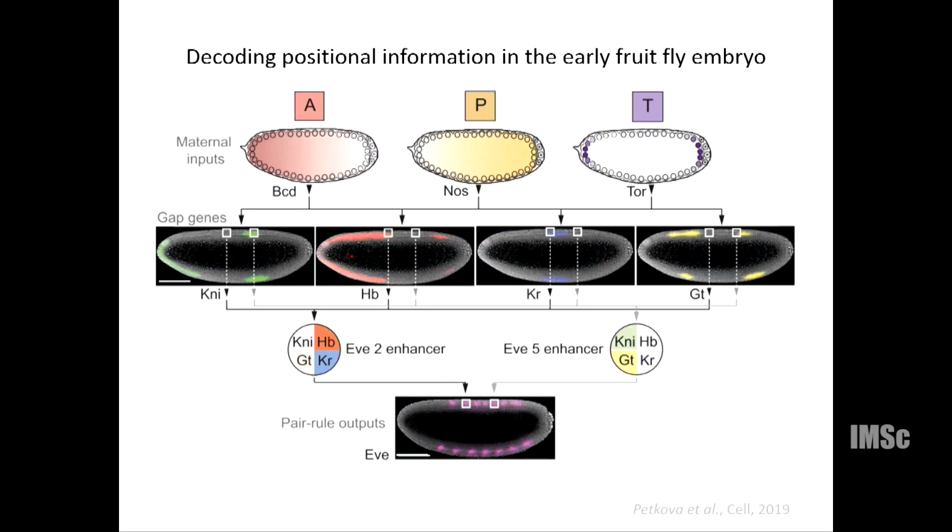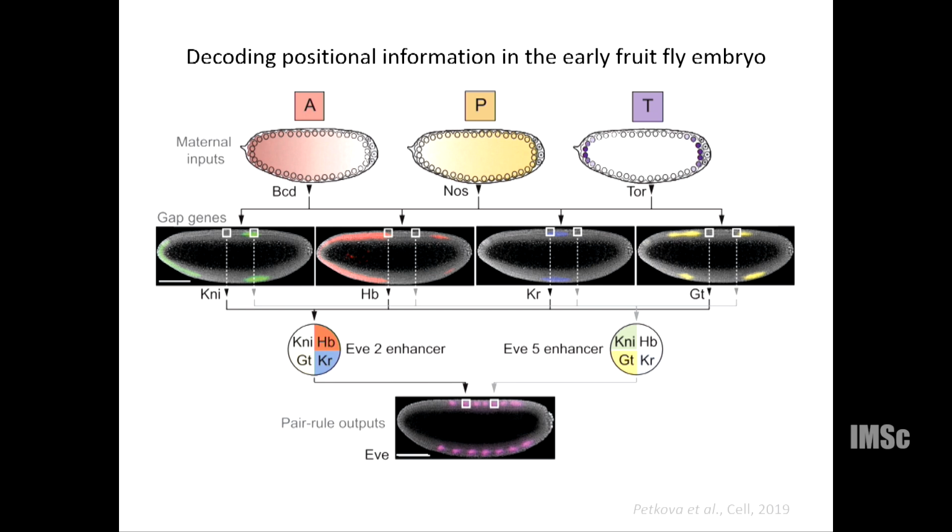And again, just giving you an overall view on how this positional information works. Okay, first this anterior, this is bicoid, this is another maternal signal, nanos, that is more posterior, and there is also the third one, torso-like. And this is all based on a very, for me, very neatly written paper by Petkova and others in Cell.